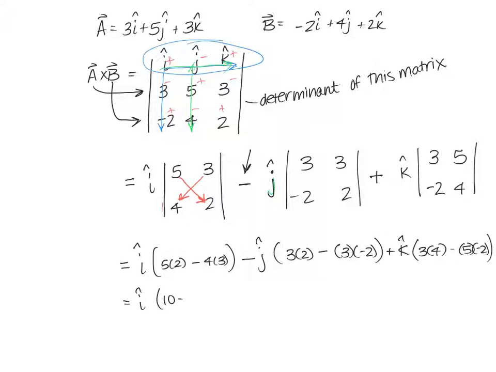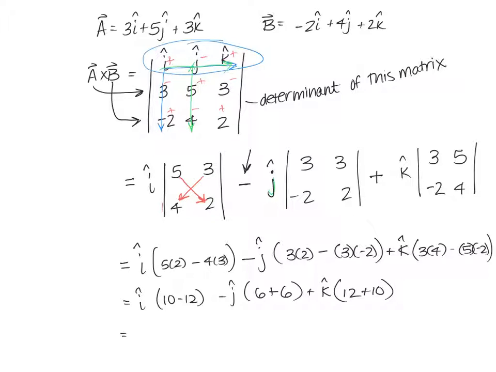We get 10 minus 12. For the y component, we get 6 minus a minus, so that's plus 6. And then in the z direction, we get 12 minus a minus 10, so that's plus 10.